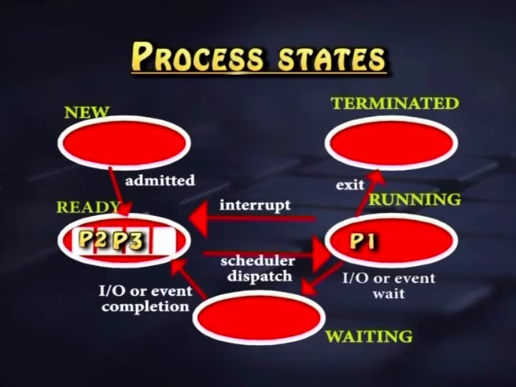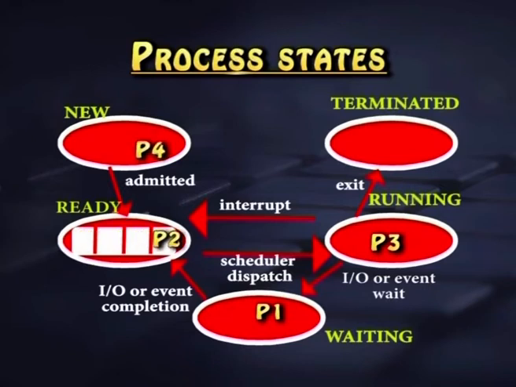When P1 requires some input output operation, it goes to waiting state and P3 comes to running state. In the meanwhile, P4 enters in ready state from new state and P3 comes back to ready state as its time slice expires.